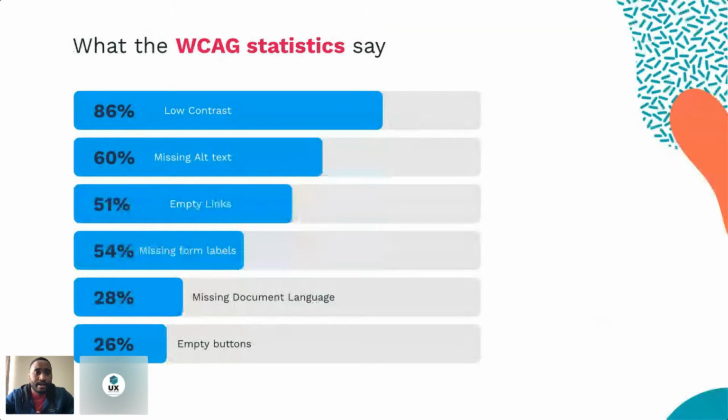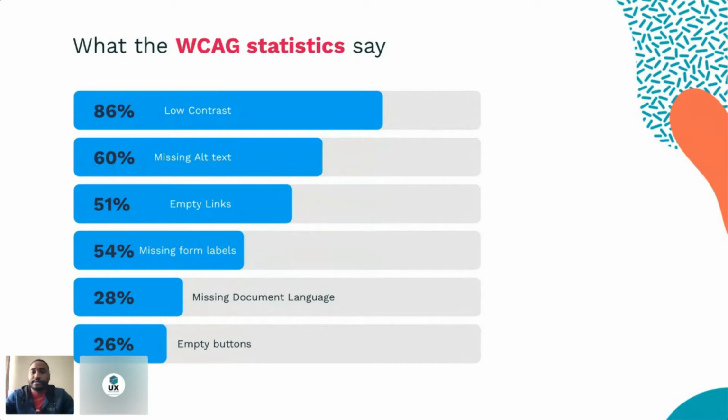WCAG picked up that the most popular sites had issues with low contrast texts, missing alternative texts, empty links, missing form labels, missing document language even, and also empty buttons.